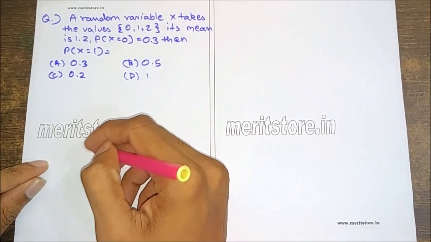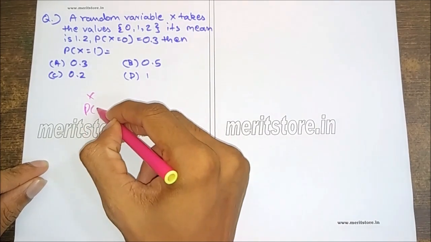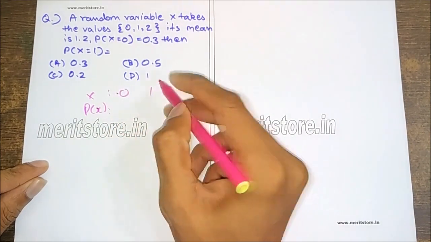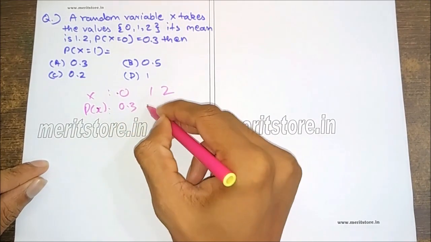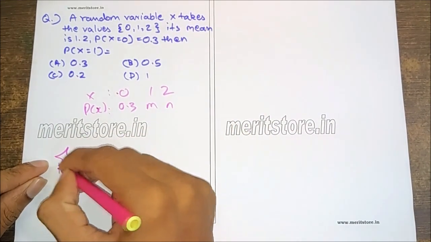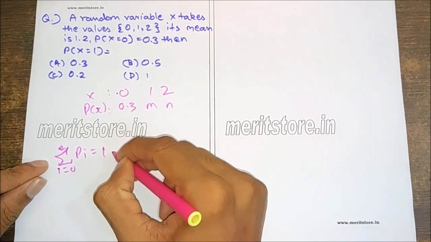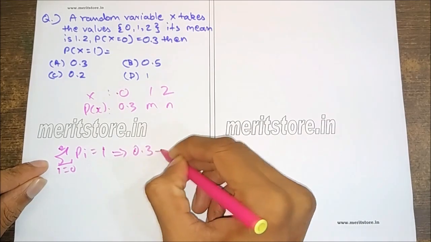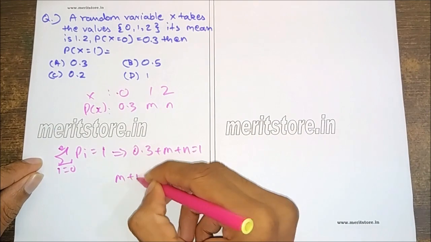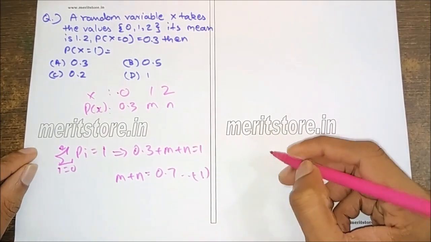Let the probability distribution of x be: x is 0, 1 and 2, and p of x is 0.3, m and n. So summation of p of i equal to 1. Therefore we can write 0.3 plus m plus n equal to 1. Therefore m plus n equal to 0.7, let that be equation number 1.